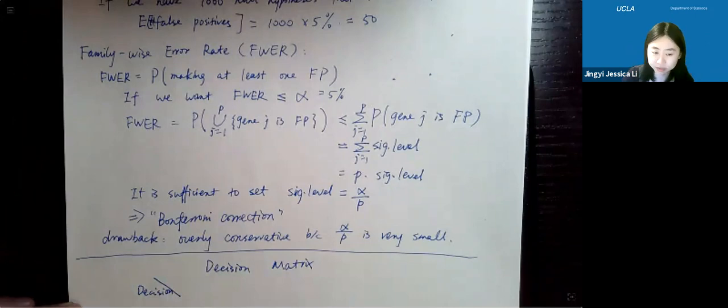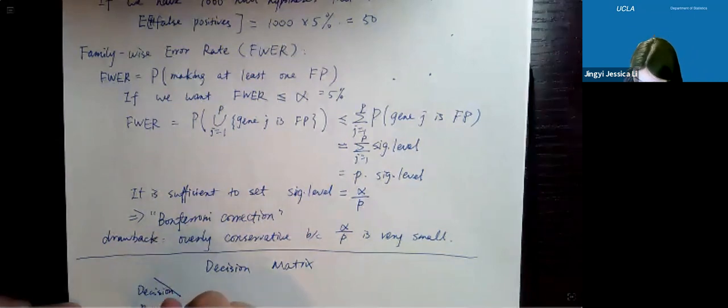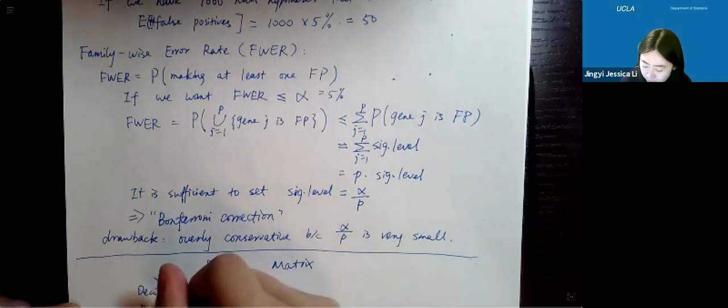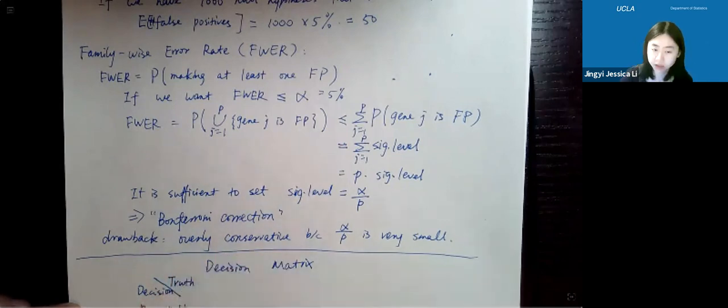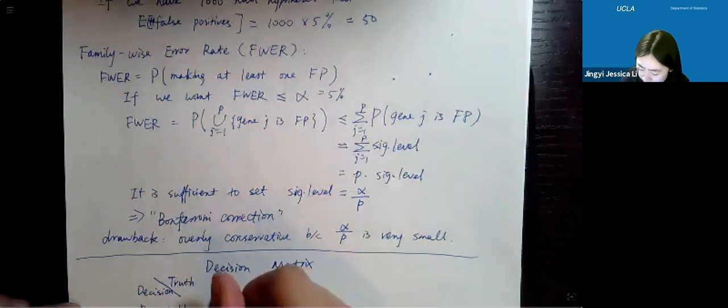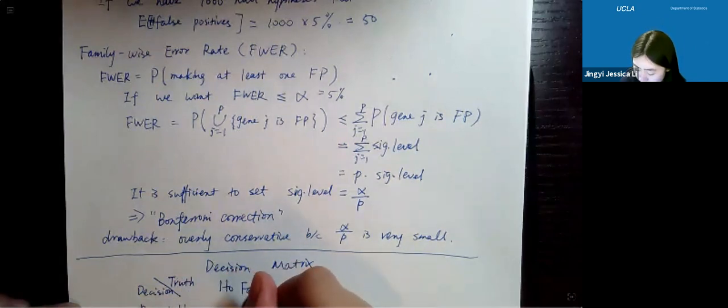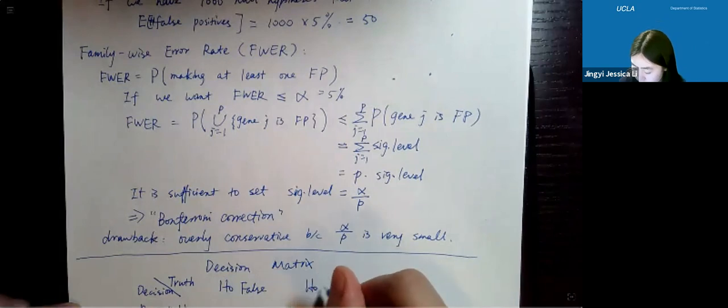In this hypothesis testing, we have a binary decision for each test: we reject or we do not reject that null hypothesis. For the columns, it's about the unobserved truth: the null hypothesis is false, or the null hypothesis is true.